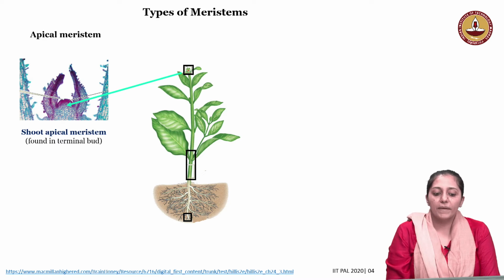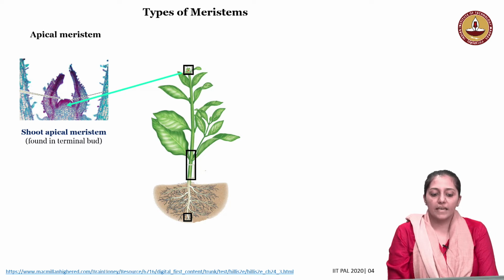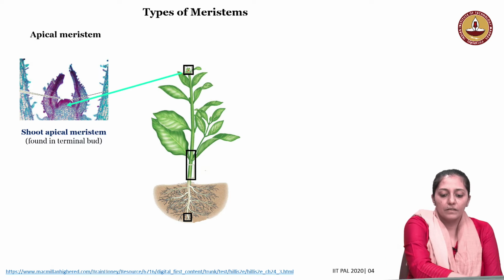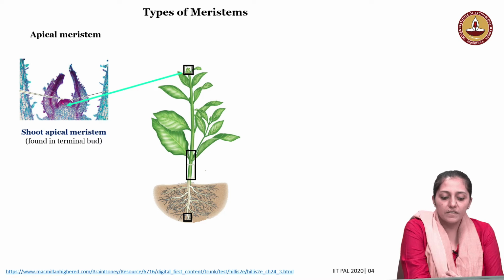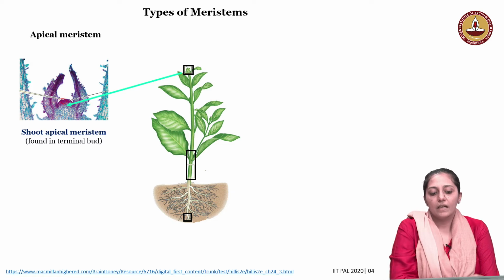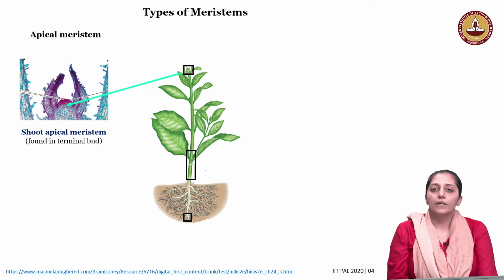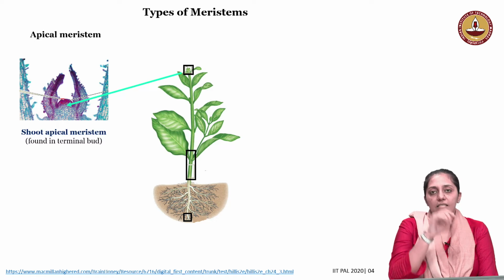There is a microscopic picture of the section here where you can see the shoot apical meristem shown by the green arrow. It is found in the terminal bud of the plant, and is responsible for increasing the length of the top region of the plant.